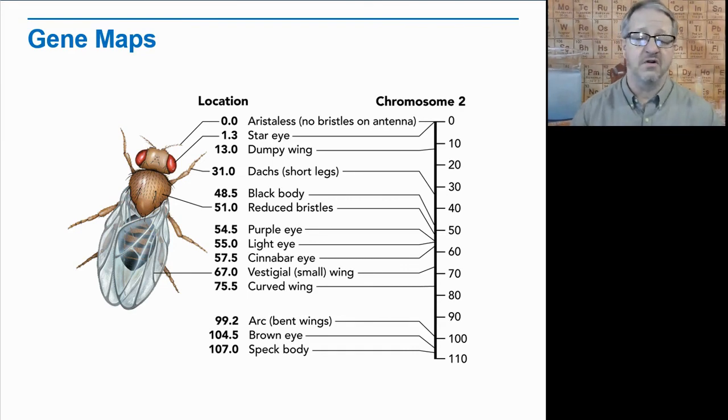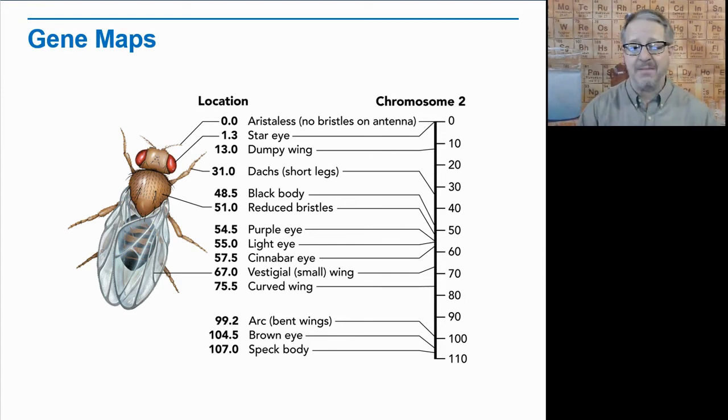Now, do you think crossovers are more common between genes that are far apart or genes that are close together on a chromosome? Well, crossovers are actually more common between genes that are farther apart. So Sturtevant reasoned that he could use the frequency of crossing over between genes to determine their distances from each other.